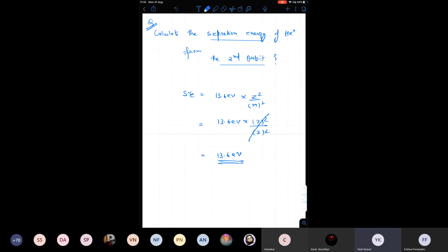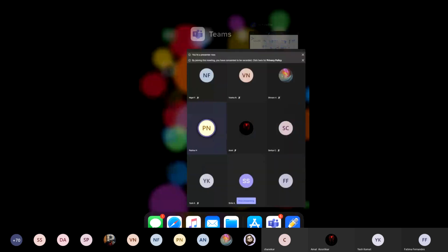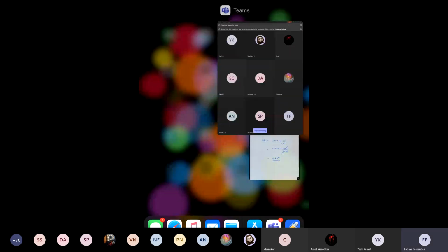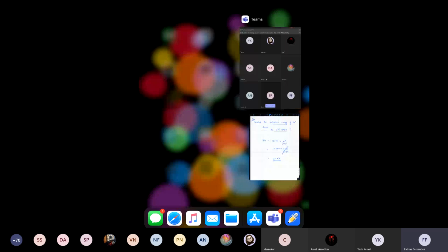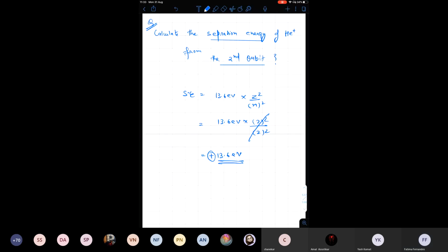There, it is the energy which is bound to the nucleus. Very good. That was the energy with which it was bound to the nucleus, and this is the energy that we are providing. This is positive. That was negative. Additive inverse.